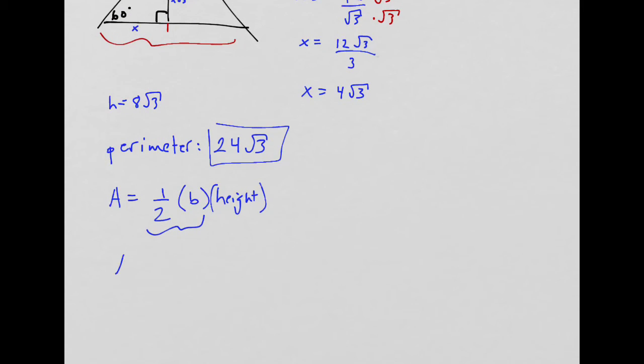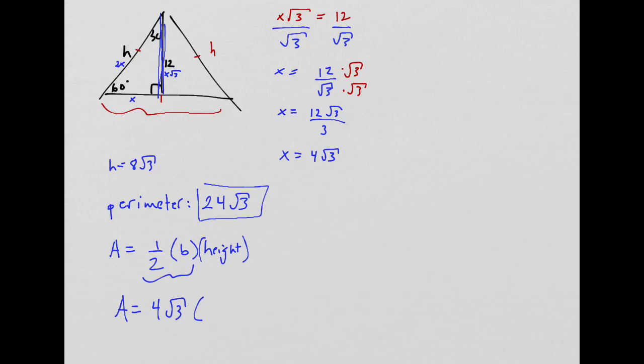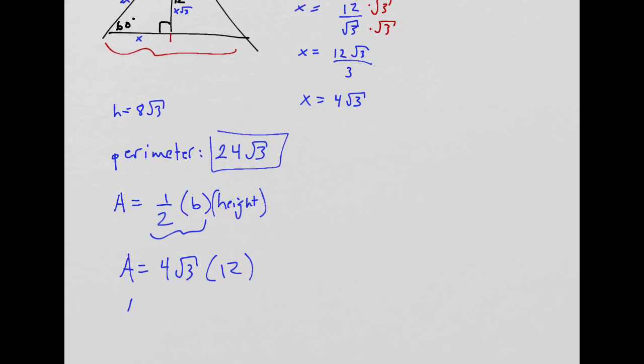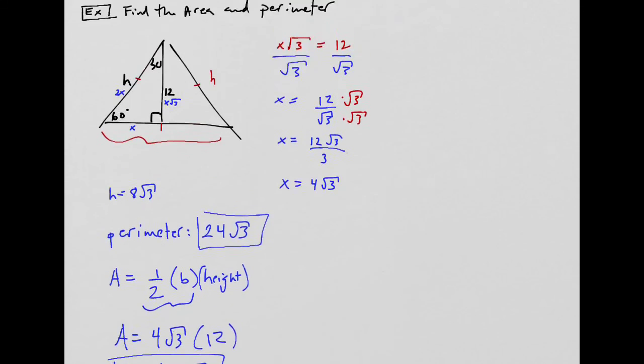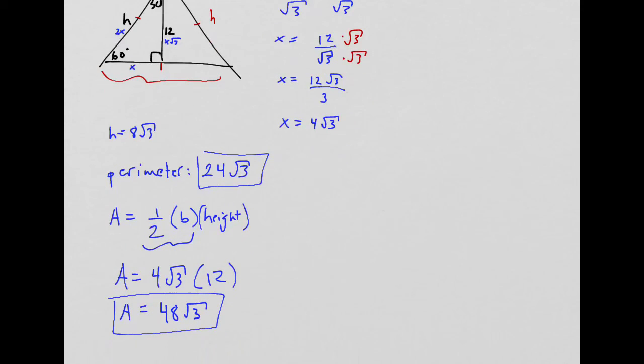And then times the height, this altitude, which was 12. So the area is 12 times 4 is 48, 48 root 3. Hopefully that makes sense. And we have 30, 60, 90 and the area of the triangles. I'm going to be done with this video.